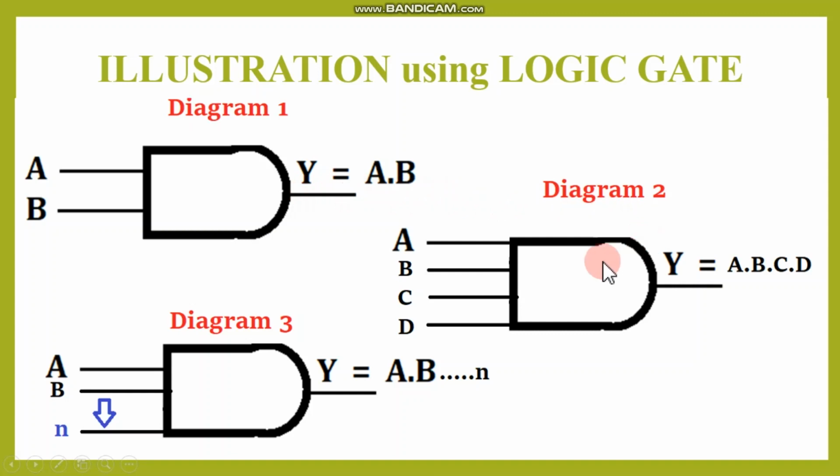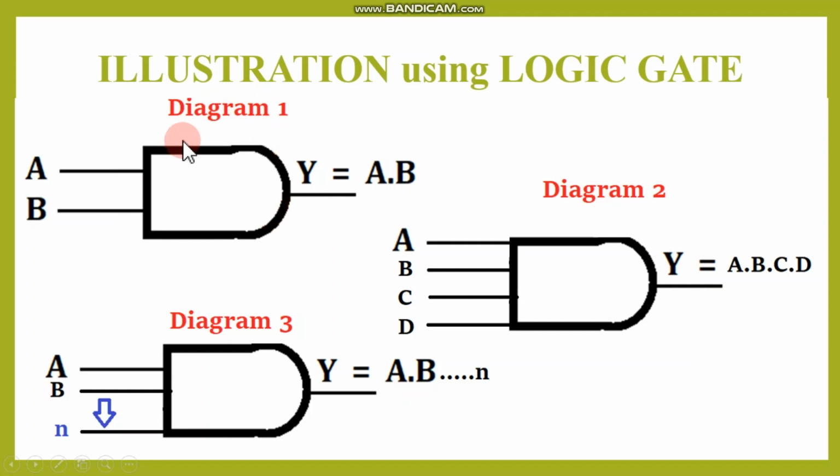Now see diagram number 2. Diagram number 2 says that there are four inputs given to an AND gate. Now the four inputs are A, B, C and D. Now the output is A dot B dot C dot D. By using diagram 1 and diagram 2, what I am trying to say is, if you are considering a digital system like a logic gate, you can have multiple inputs, but the output terminal will be only one.